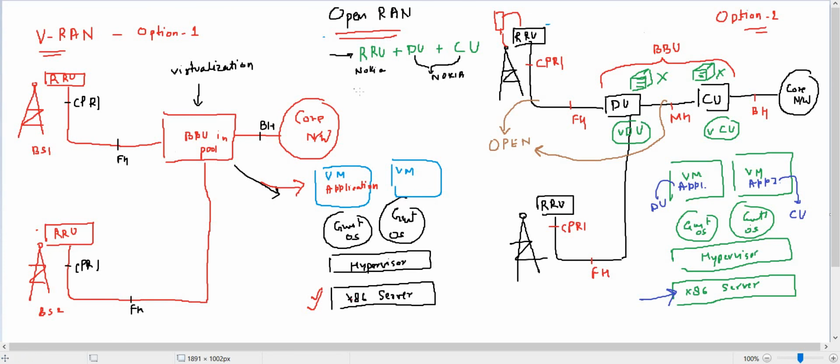Like, the RRU you can buy from Nokia, the DU you can buy from Ericsson or from Airspan, and there is another vendor, Sercomm. And the CU you can buy from Huawei.